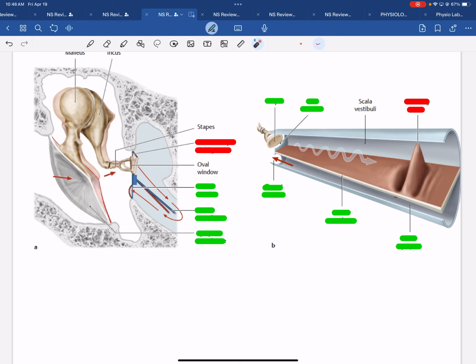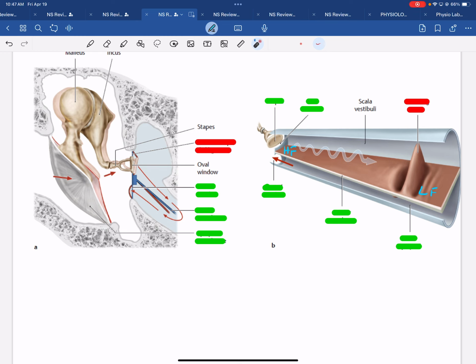So maybe I'll write, this is for high frequency, and over here is for low frequency. Closer towards the window, the basilar membrane is narrow and stiff, so you need a lot of energy to deflect it, and so the brain interprets that as high frequency.